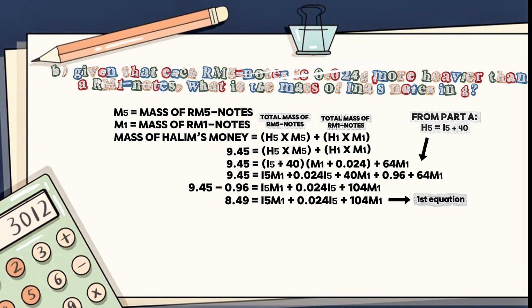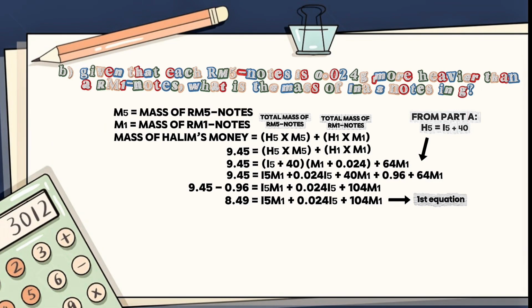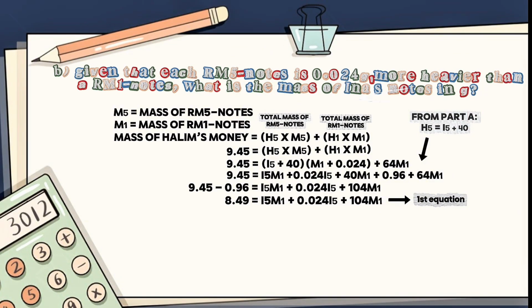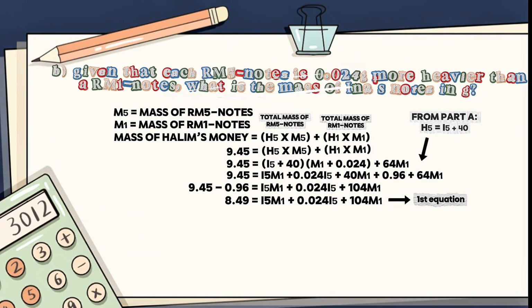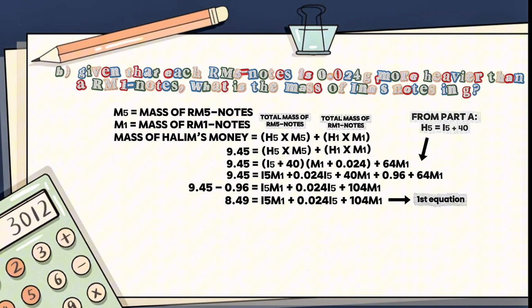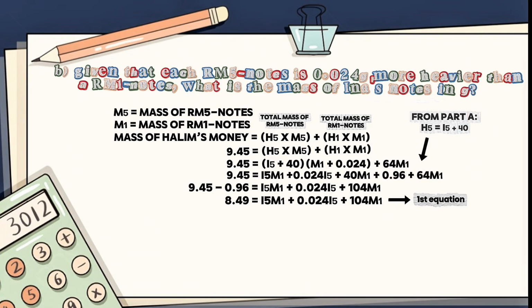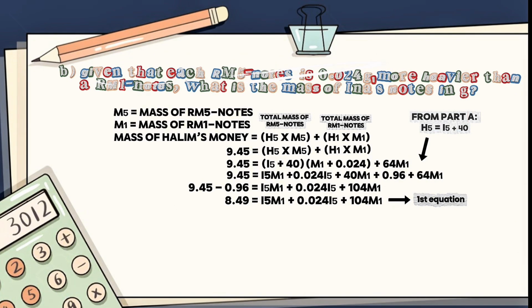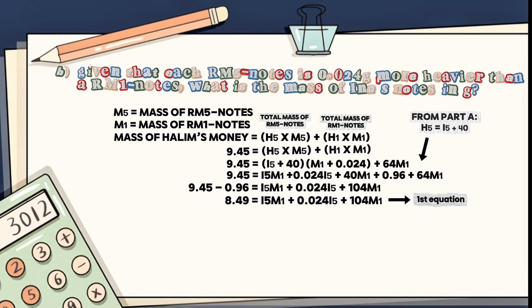Secondly, we substitute the information from part A, which is H5 equals I5 plus 40, into the equation. Therefore, our equation will be 9.45 equals (I5 plus 40) multiplied by M5, which is (M1 plus 0.024), plus 64 M1.